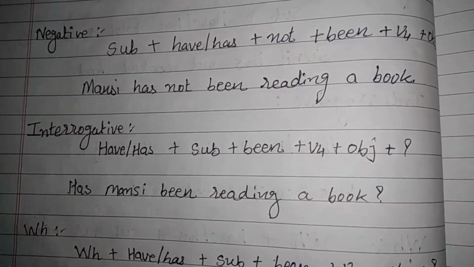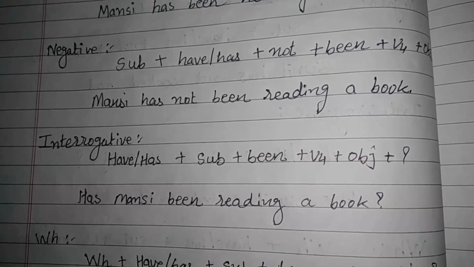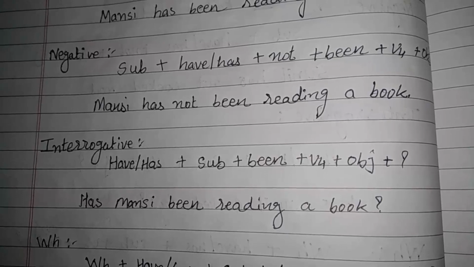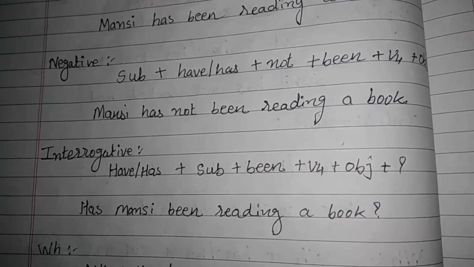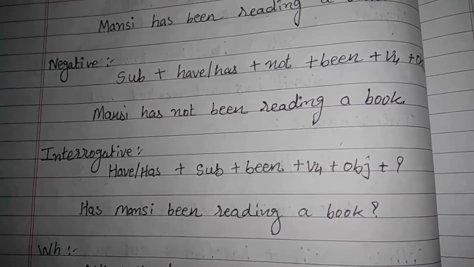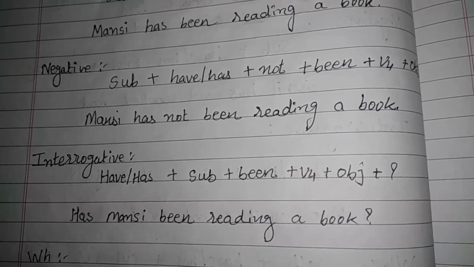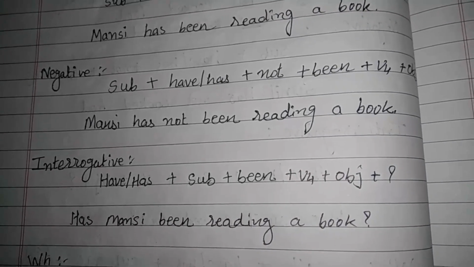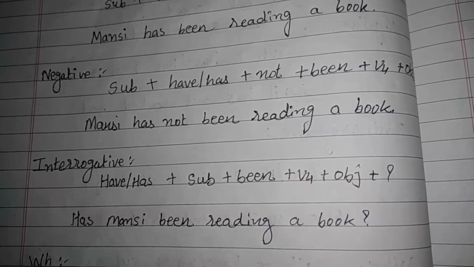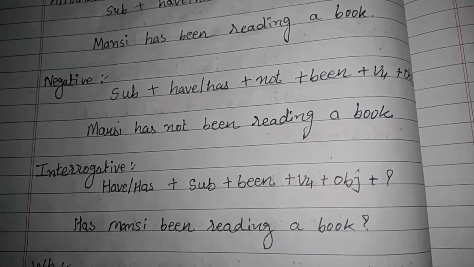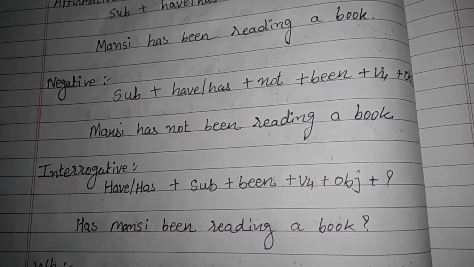For making interrogative, we have to use the format have or has plus subject plus been plus V4 plus object plus question mark. Has Mansi been reading a book? Now in this tense you have to remember well the position of been, B-E-E-N: you have to always keep been before the verb only, not before the subject.